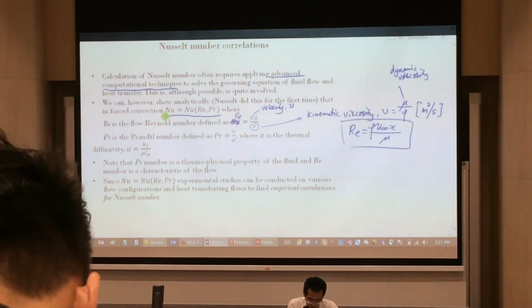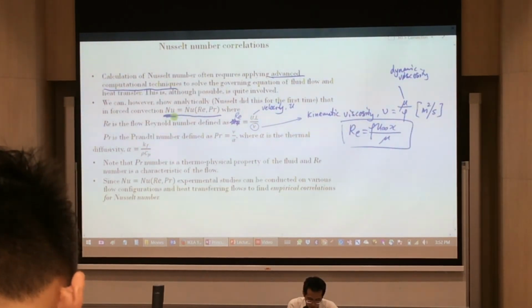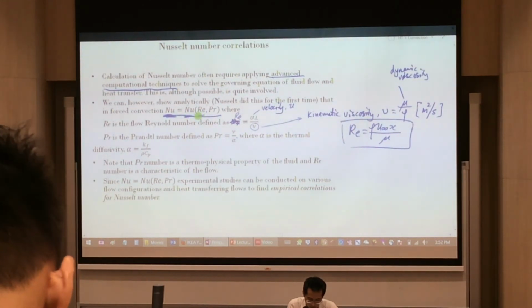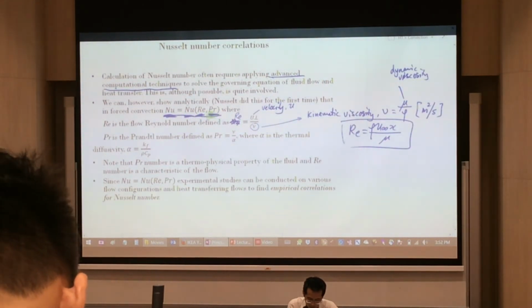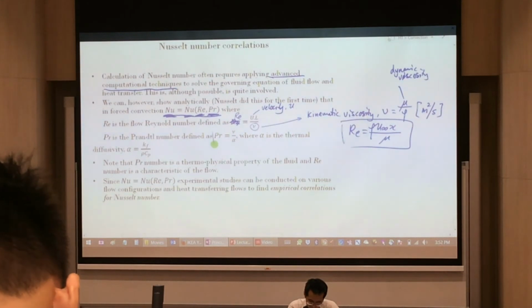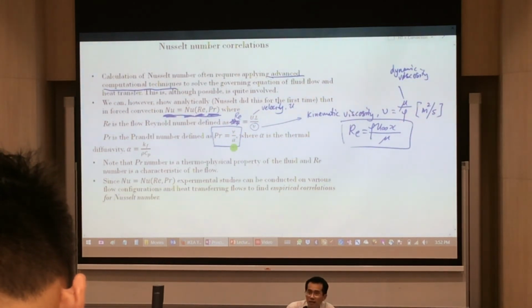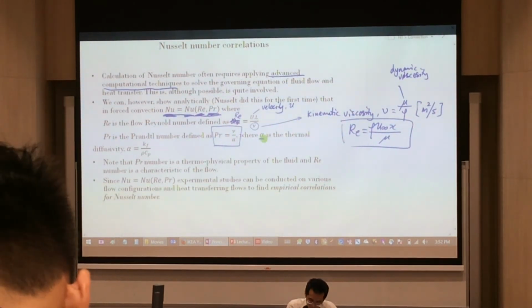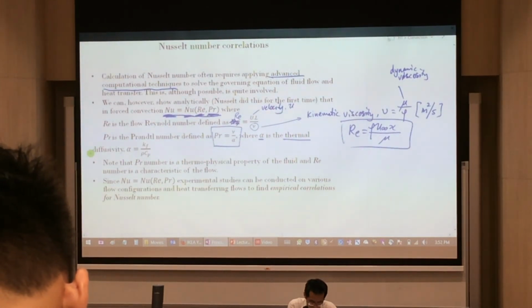So back to the part talking about Nusselt number, which is actually a function of Reynolds number and Prandtl number. But what is Prandtl number? Prandtl number is your kinematic viscosity divided by alpha, yet another new symbol. Alpha here refers to your thermal diffusivity.